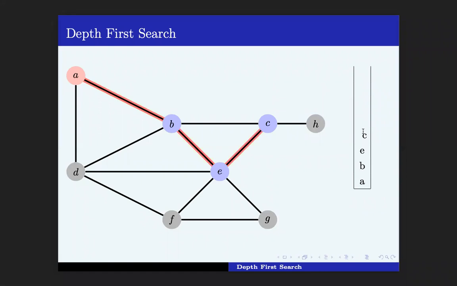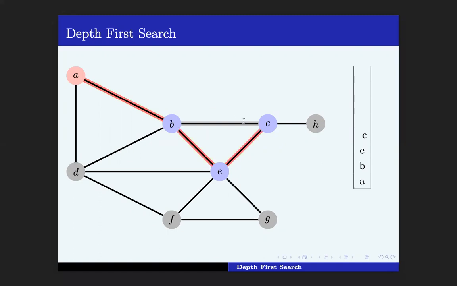Now C goes to its next neighbor, and the first thing in C's adjacency list is B. But B is marked with a different color, right? So C knows that, although B is my neighbor, B is not useful because it has already been visited.